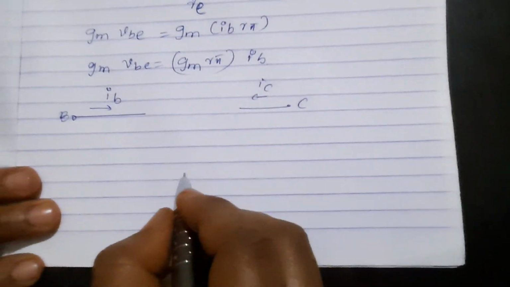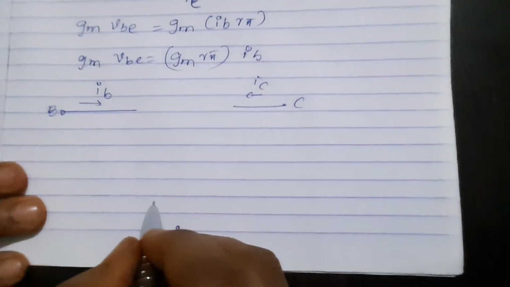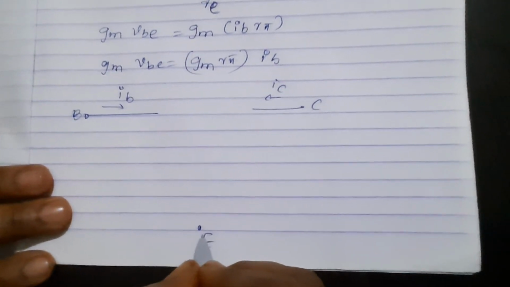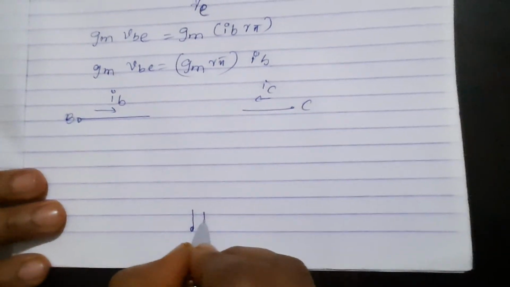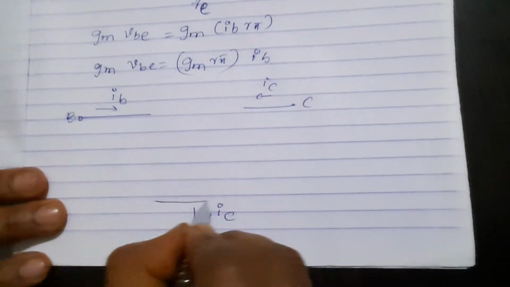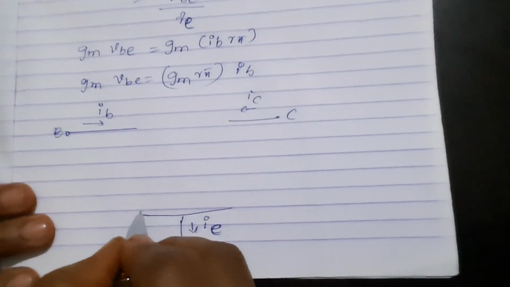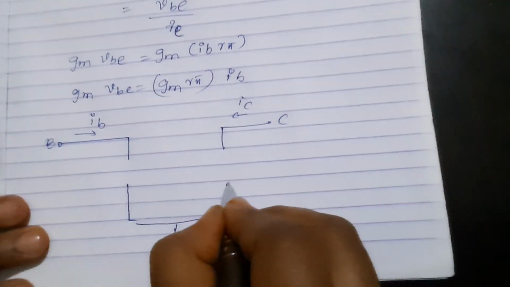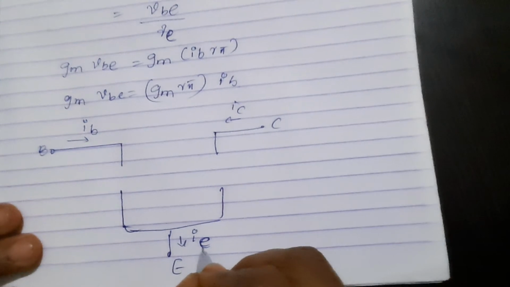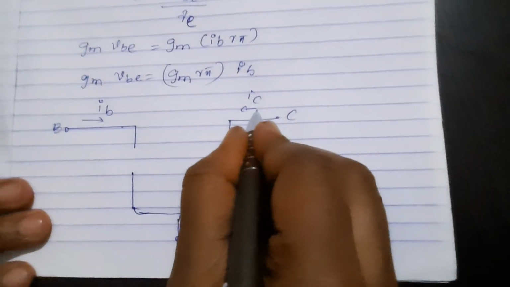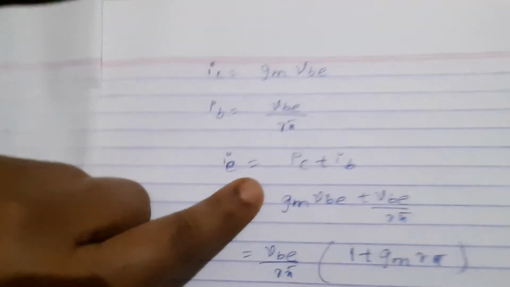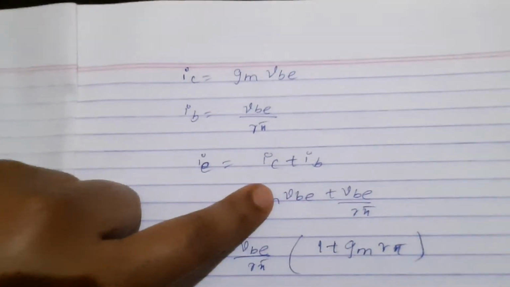Now we'll have IE. The emitter current here is IE, which is coming from the base and from the collector. IE current is IB plus IC. I have written it here: IE current is IC plus IB.